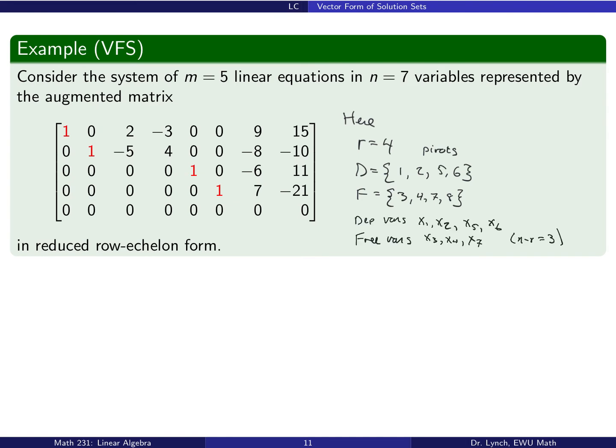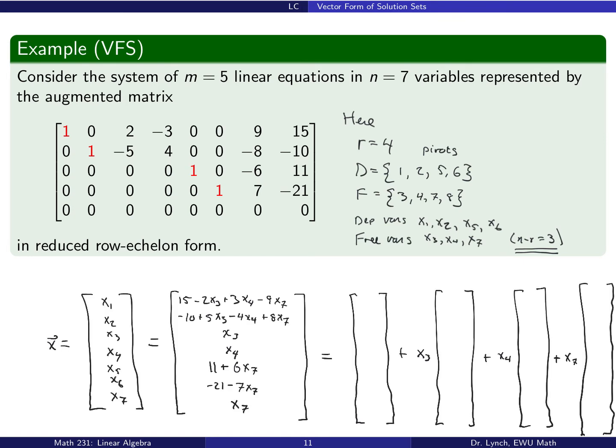And we see that there are n minus r equals 3 free variables. So what we expect, based on what we saw before, is to be able to express the solution of the system as a linear combination of those three vectors, perhaps plus one more. So let's see how that all pans out.